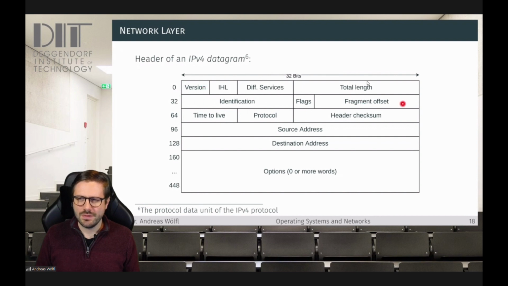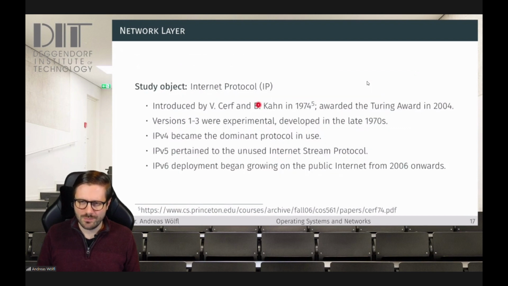The second row here is purely for fragmentation. This is the reason why we talked about fragmentation. We have a couple of fields here. We have fragment offset and we have identification.